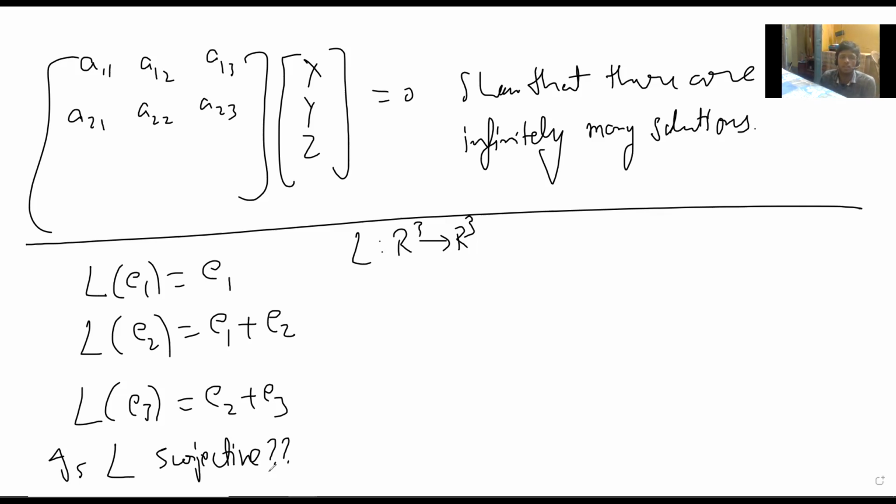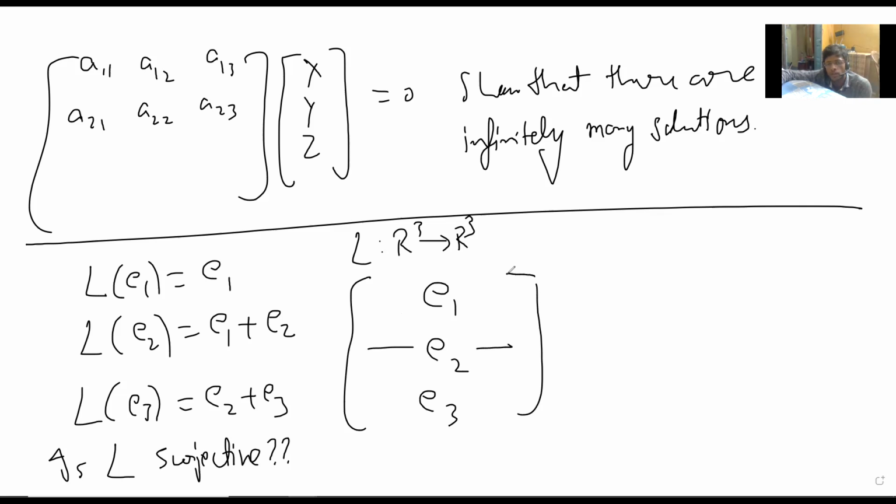Can anybody explain this? Okay, so you are saying that you will take a matrix like this, the identity matrix.